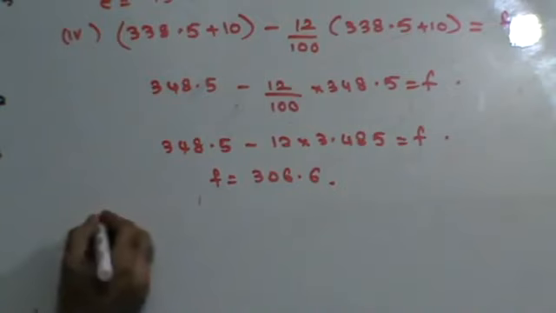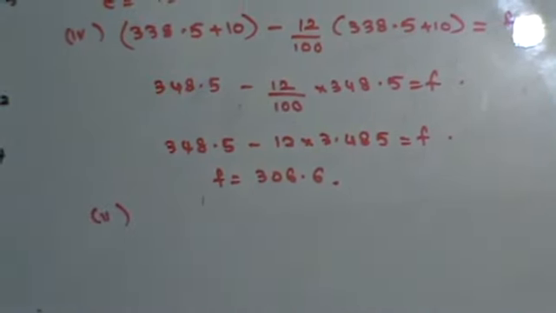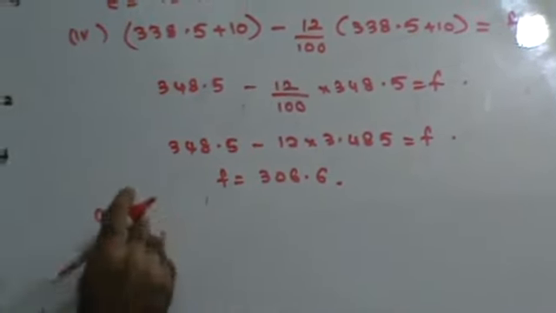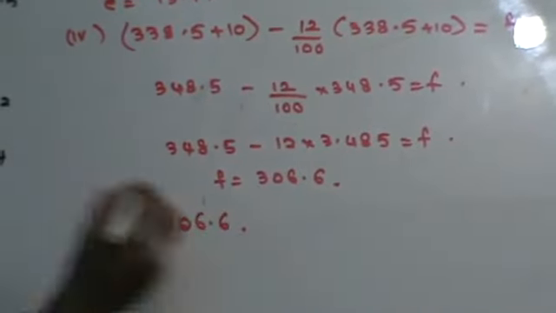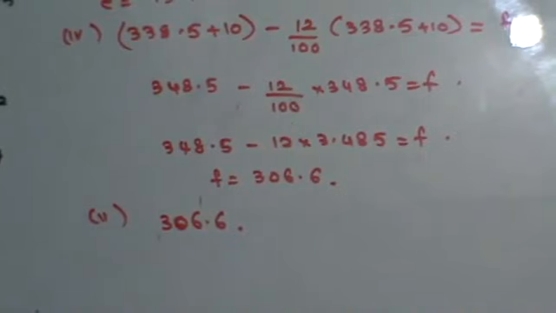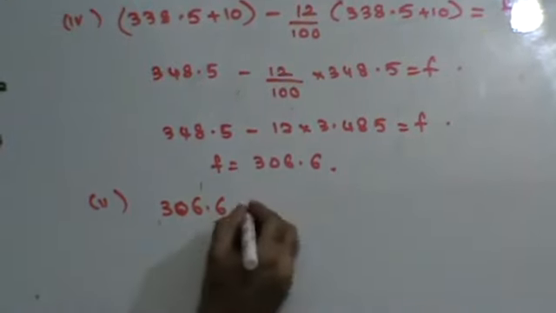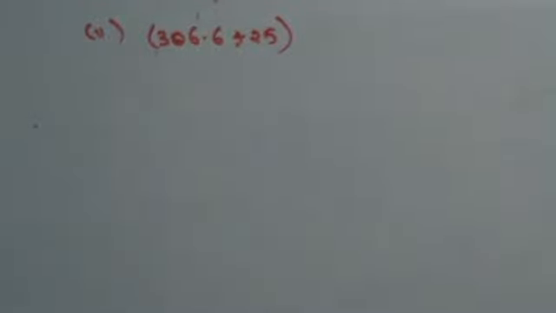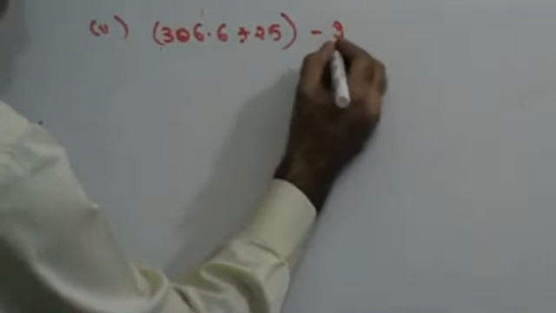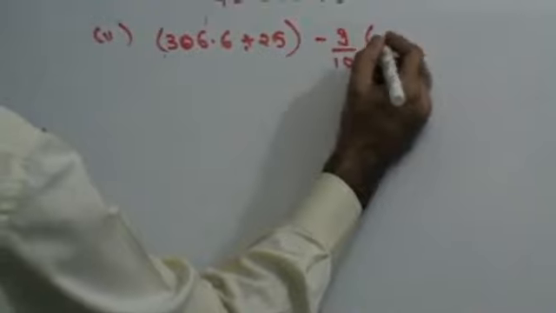Then on Saturday, you started with F. F you already found out is 306.6 centimeters of water. Friday evening, you had 306.6 centimeters of water. Saturday morning you filled in 25 centimeters of water. Saturday during the day you used G% of water.